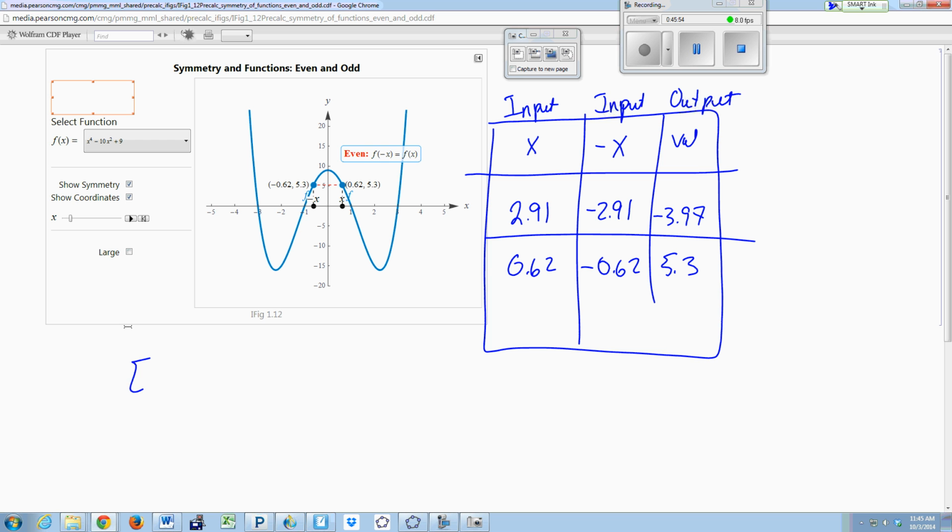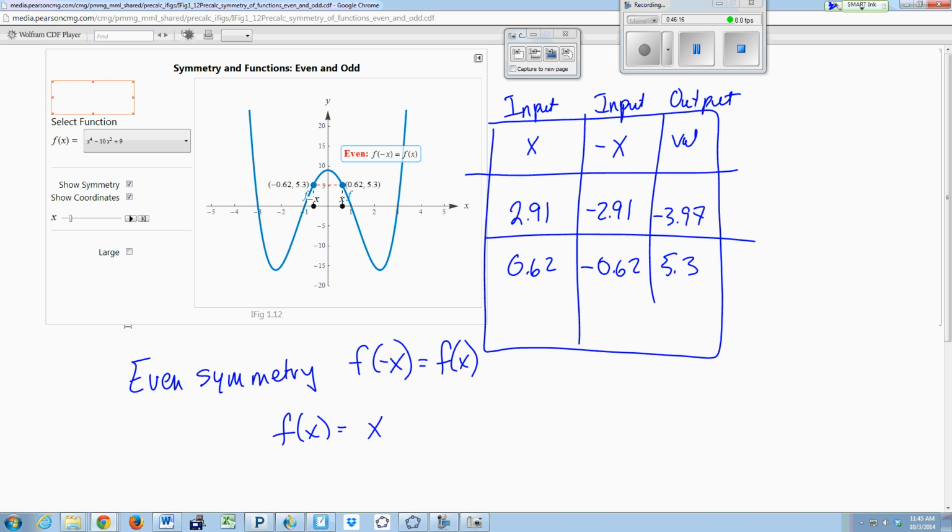So if we have to determine if this has even symmetry, we have to show that f of the opposite of x is the same as f of x. So if I take an x value and I take its opposite, the y values, the outputs are exactly the same. So how do I do that? I go to my function. Here's my function. Here's f of x.